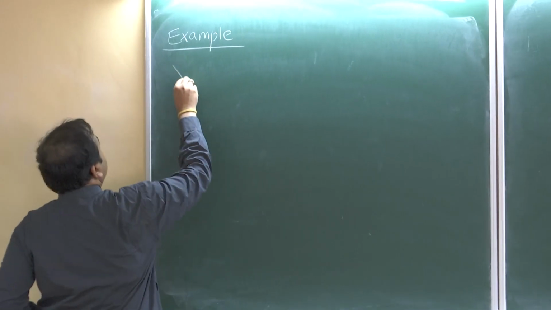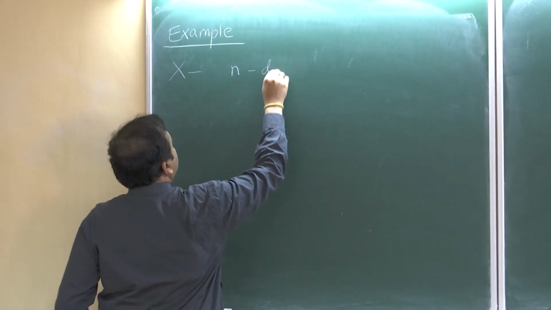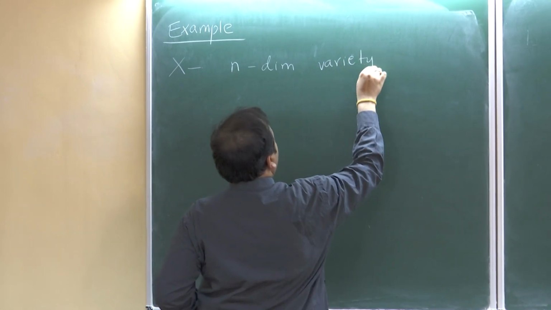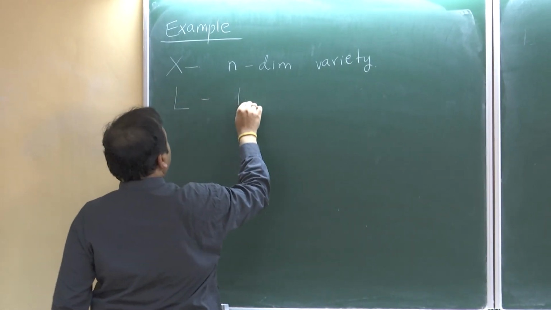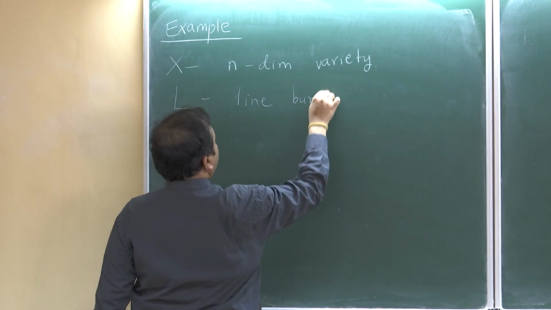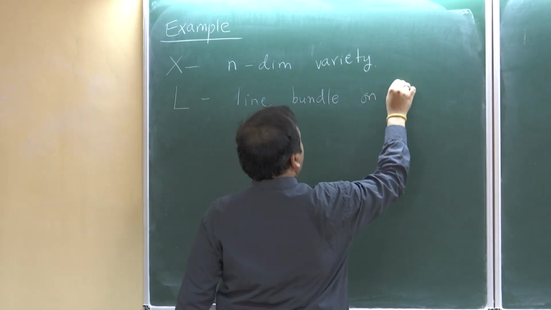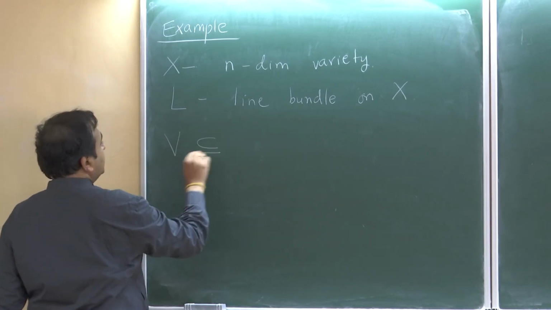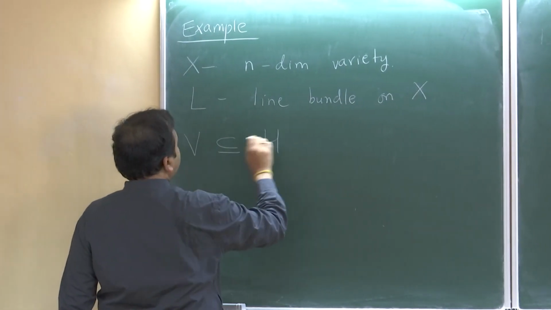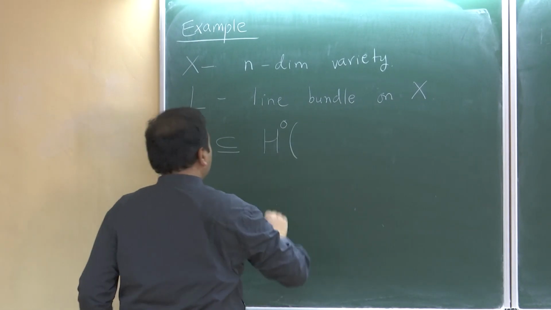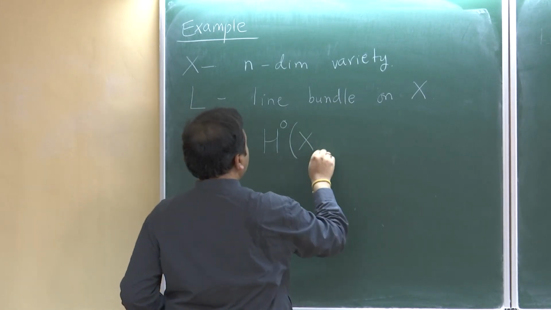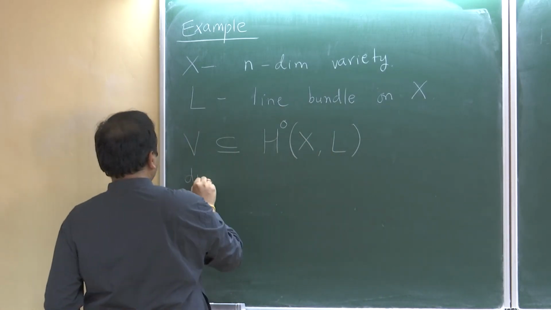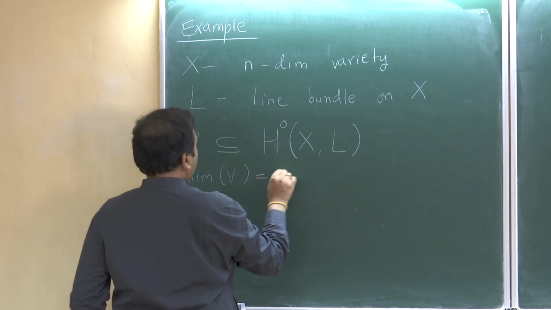Let X be an n-dimensional variety and L be a line bundle on X. Let V be a linear system, that is to say V is a subspace of H0 of the global sections of L, and say the dimension of V is equal to r plus 1.